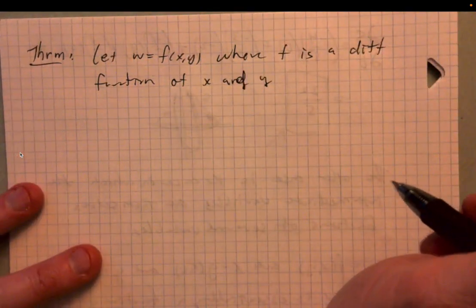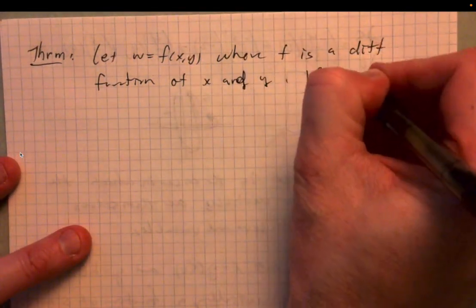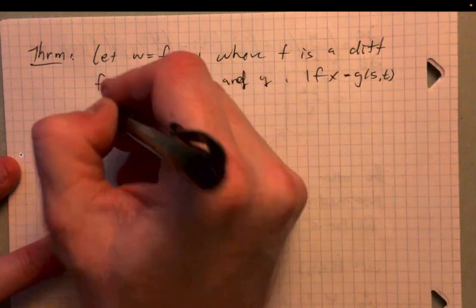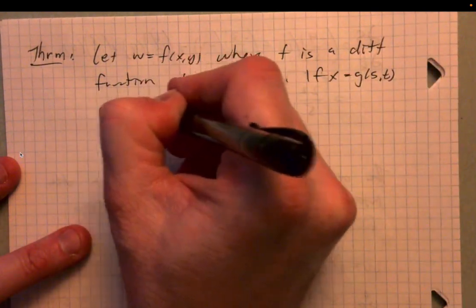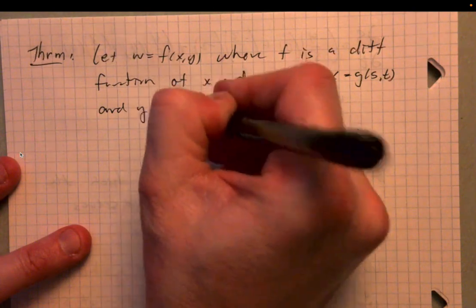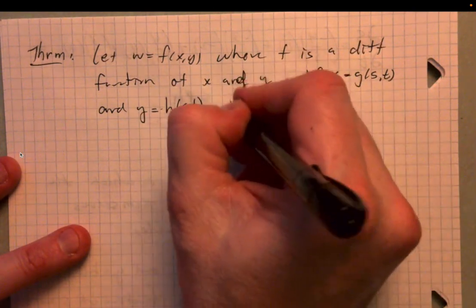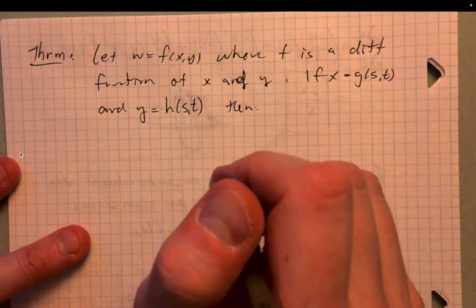Then if x equals g of st and y equals h of st, how can we find those partials?